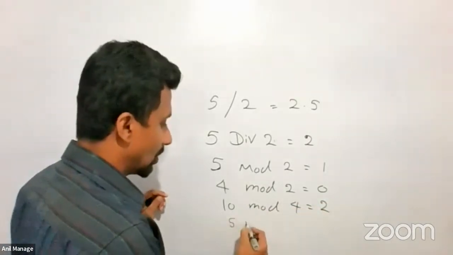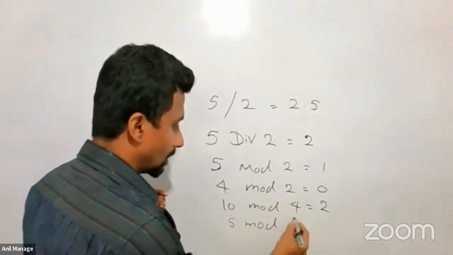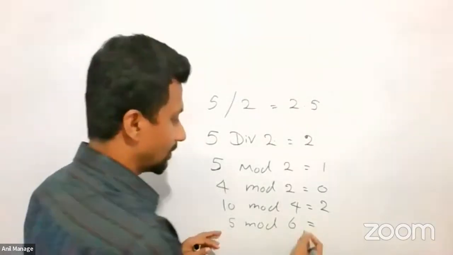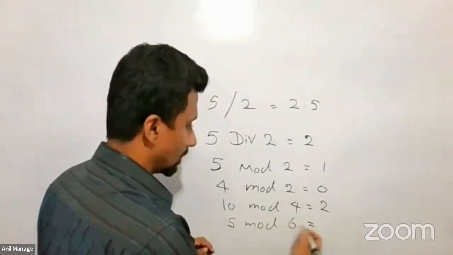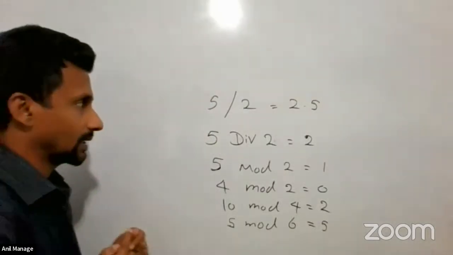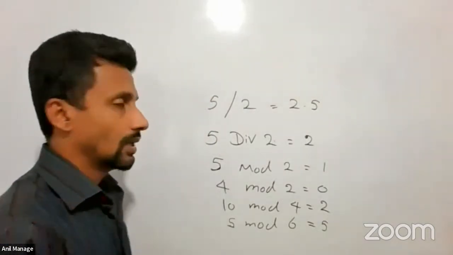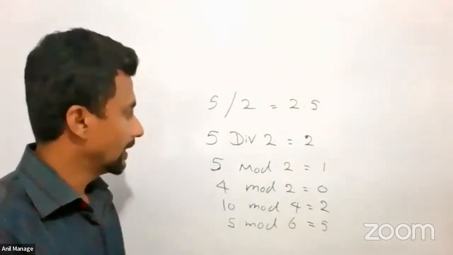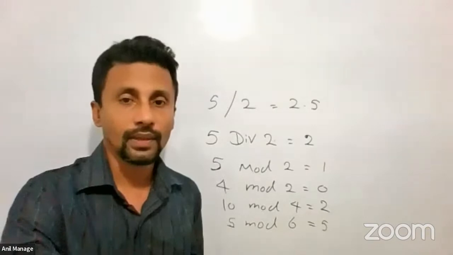Then if I take 5 mod 6, 5 you cannot divide by 6. The remainder will be 5. From these two, you are getting questions: mod and div, right? Mod and div.